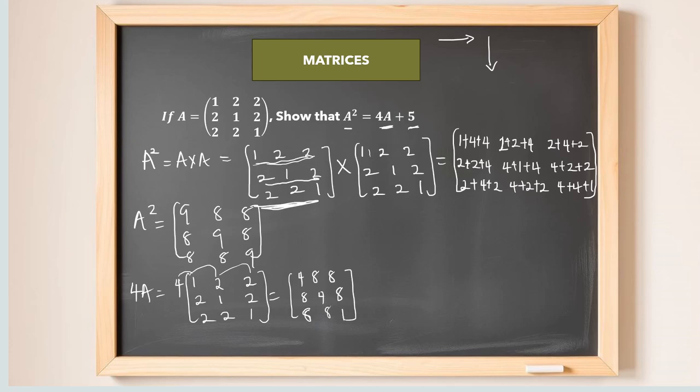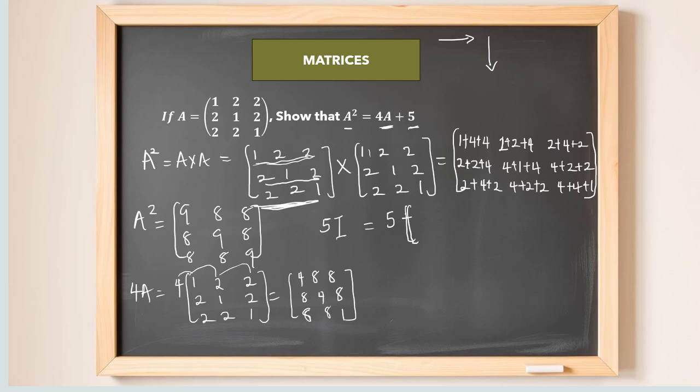Now, what about 5? Here, we can say that your 5 is multiplying an identity matrix. Let your 5 multiply an identity matrix. It's like saying we have 5 multiplying your identity matrix of 3 by 3.